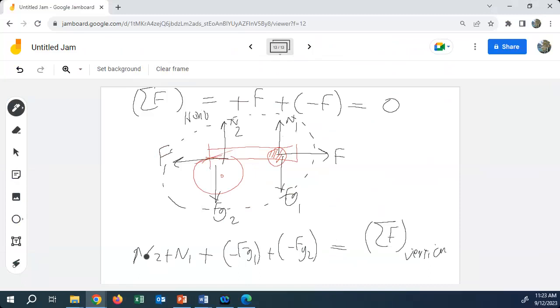It is up to you which method to use to analyze the dynamics of the moving particles. You can use one system or separate systems. When you use one system, the net force of the entire system in the horizontal direction is 0.